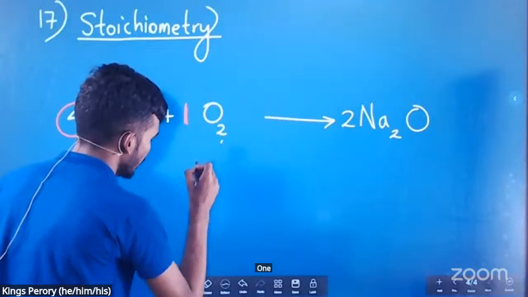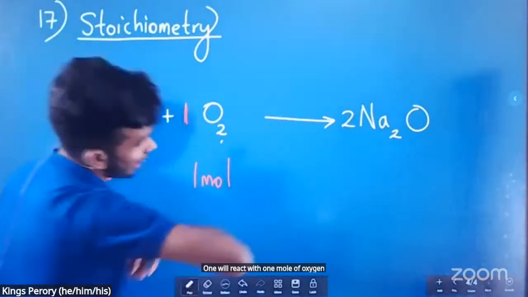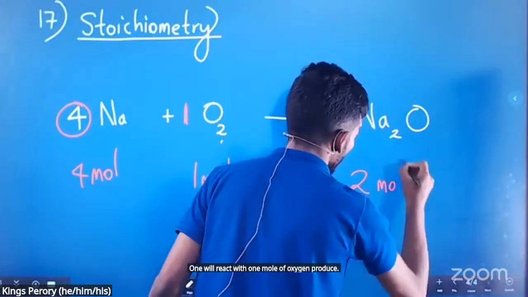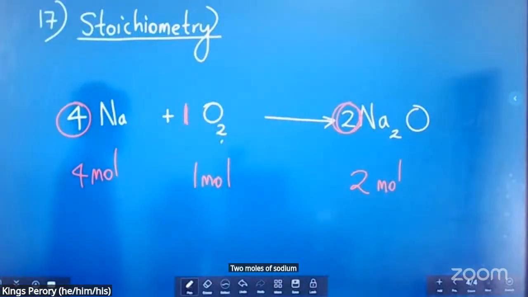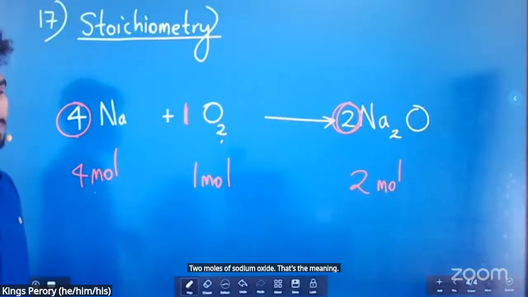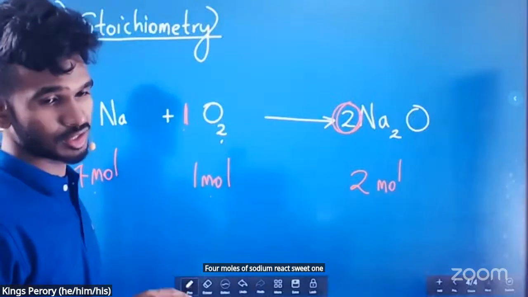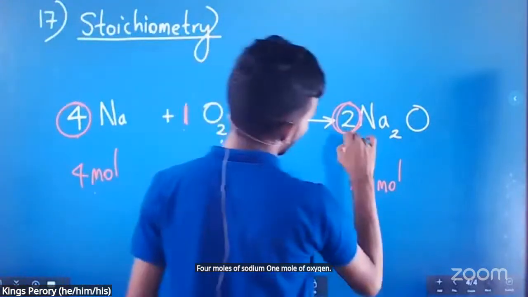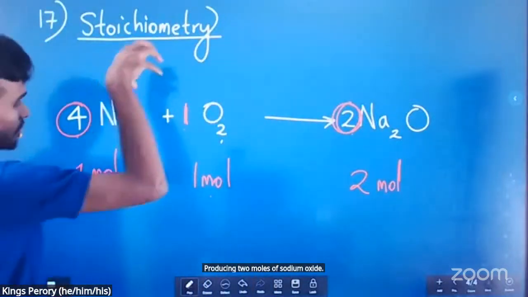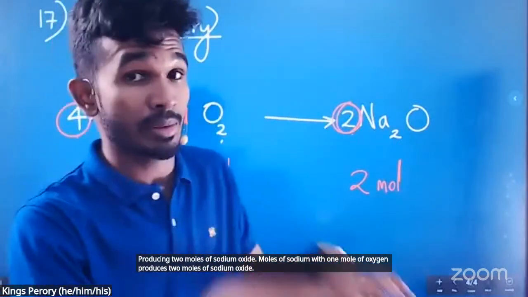Will react with 1 mole of oxygen and produce 2 moles of sodium oxide. That's the meaning. That's the meaning of this balanced chemical equation.